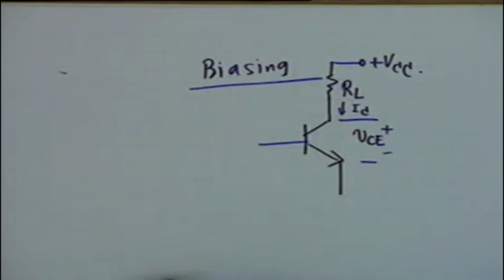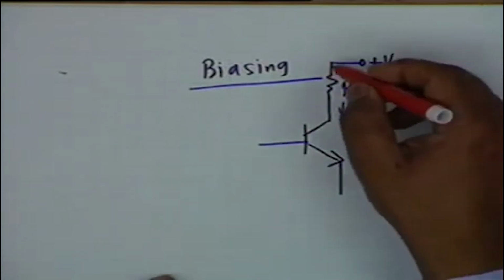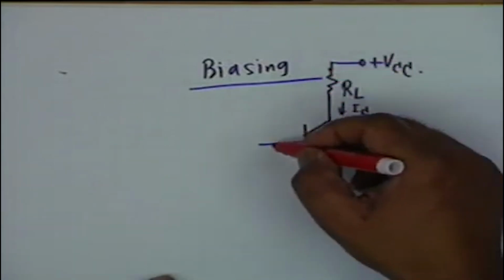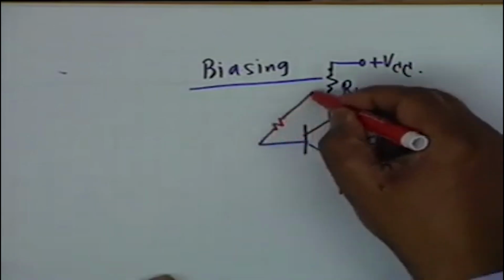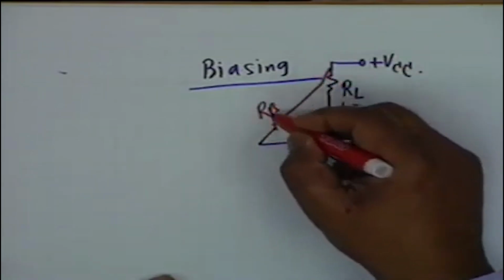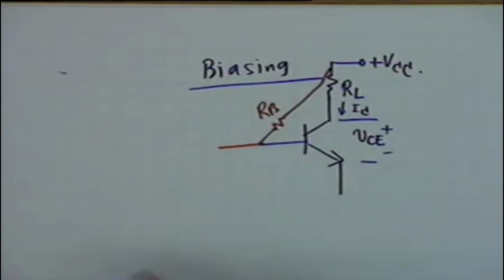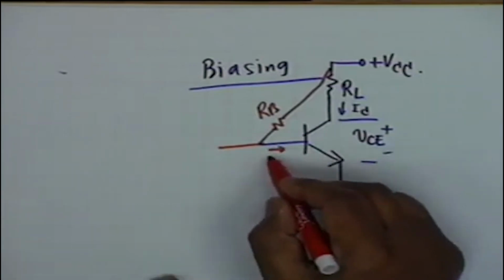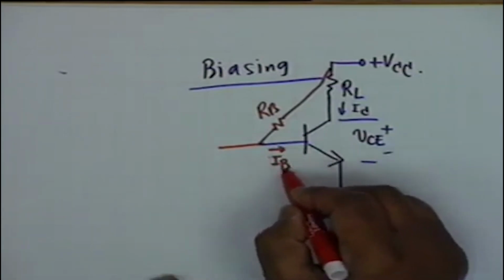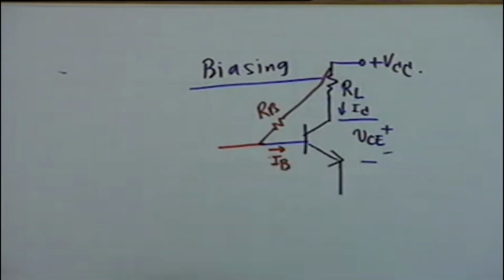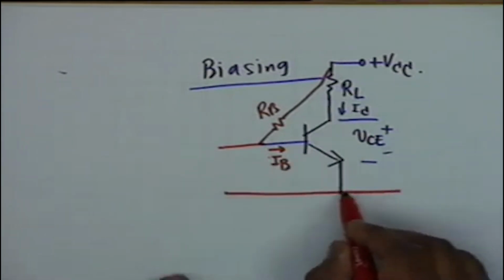And one of the ways that this can be done with a single battery is that the same battery is connected to the base through a resistance, let's say RB. Alright, then this will be the base current, the DC base current I sub B. Okay, this is the circuit.